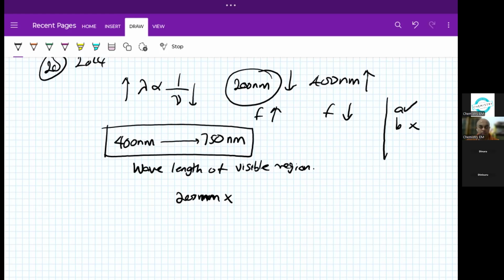It can be gamma rays, X-rays, or lower frequencies like radio waves. Any electromagnetic wave in a vacuum has the same velocity, 3 into 10 to the power 8. So it is not changing. It's a constant. Therefore, C is also wrong.